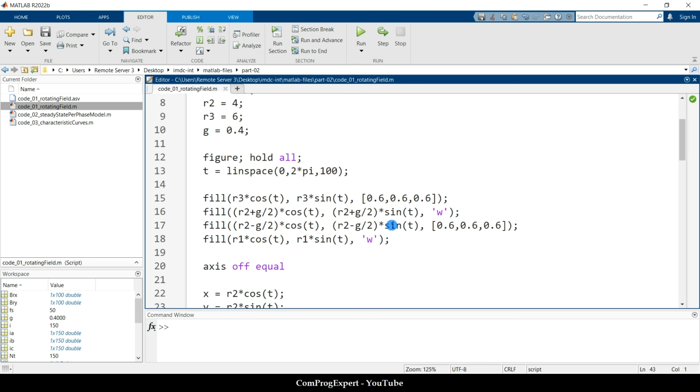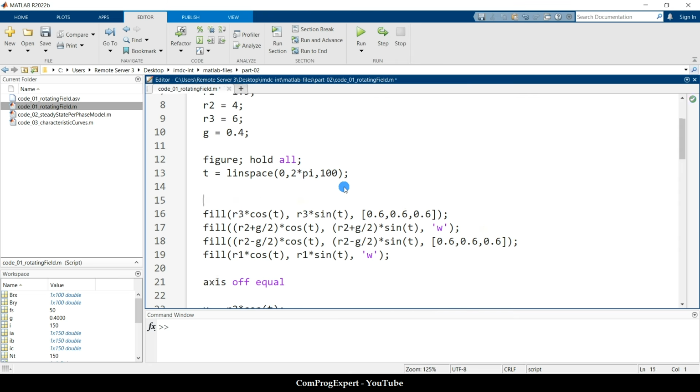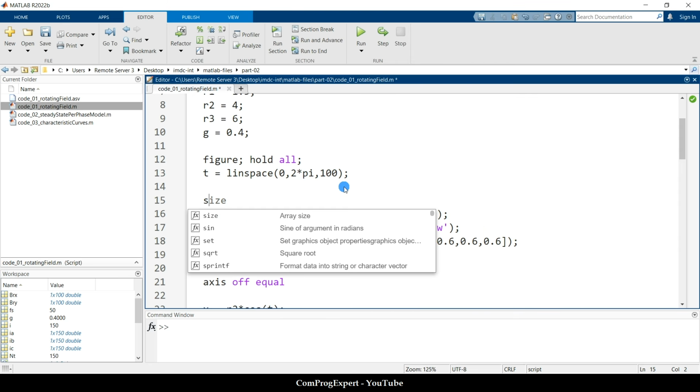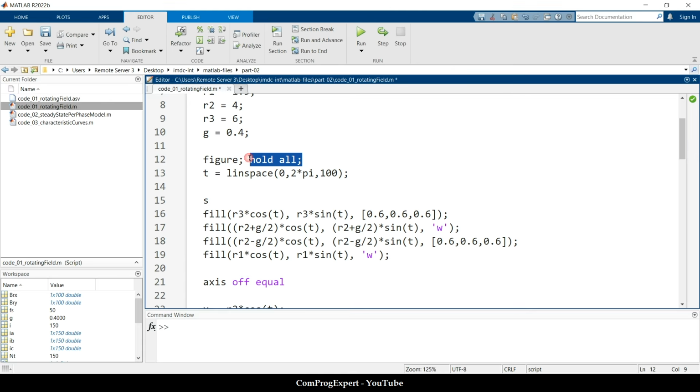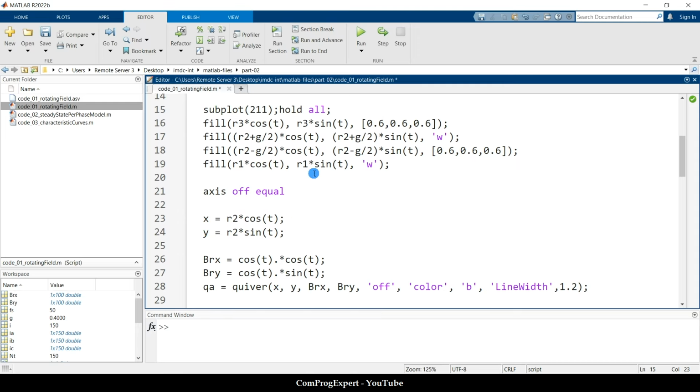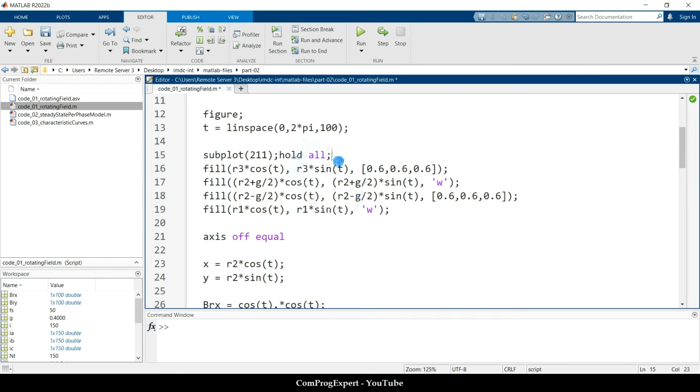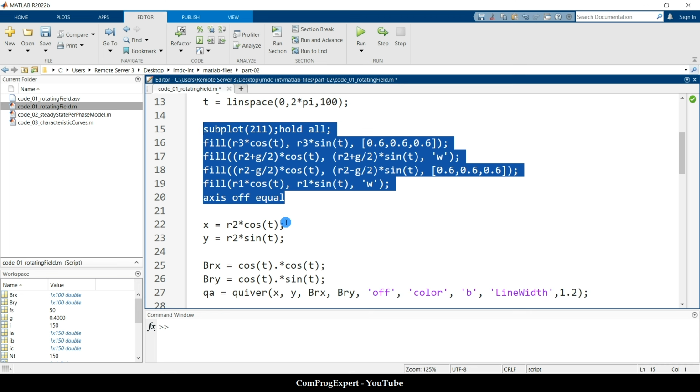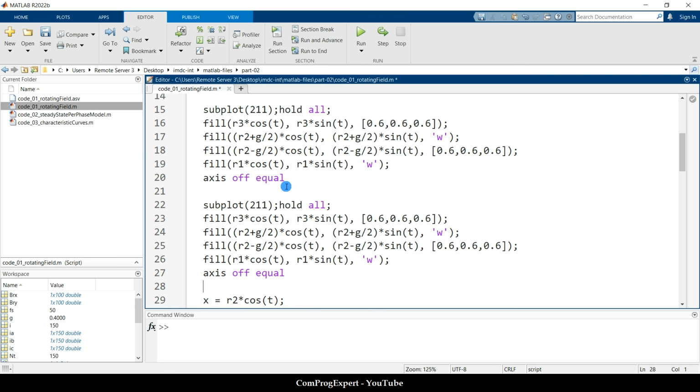So let's use subplot 211, okay, to generate these graphs, the animations, and subplot again 212.